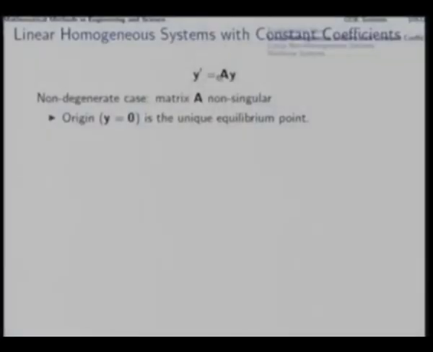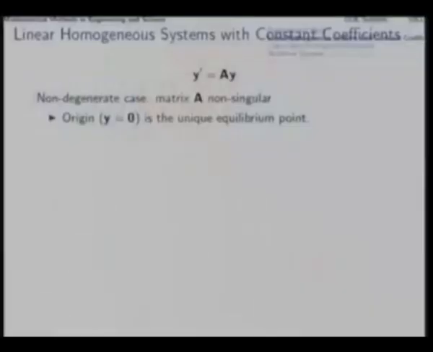So, we will study only that case when the matrix A is non-singular. The reason is that if the matrix A is singular, that essentially means that we have made a faulty formulation of the dynamic system. There could be another formulation, in which the number of state variables y1, y2, etc. could be less.